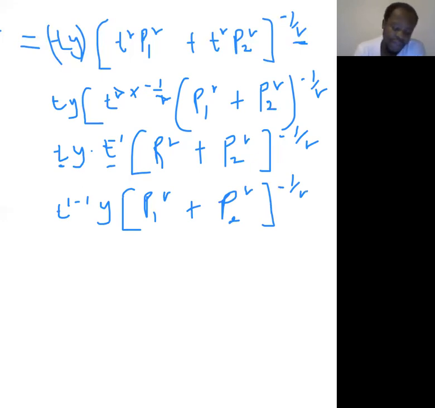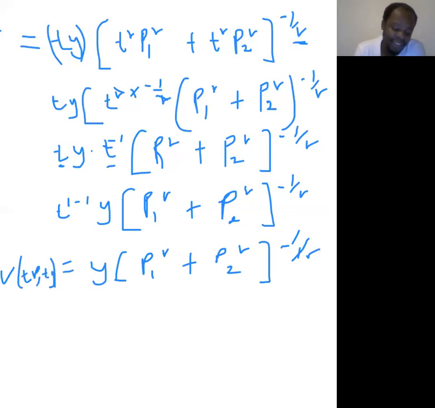So then I have Y times P1^r plus P2^r, -1 over r. Right? That is V of TP, TY is equal to this. So the expression V of TP, TY is the same as the expression of V of P, Y. So I can say that V of TP, TY is equal to V of P, Y.